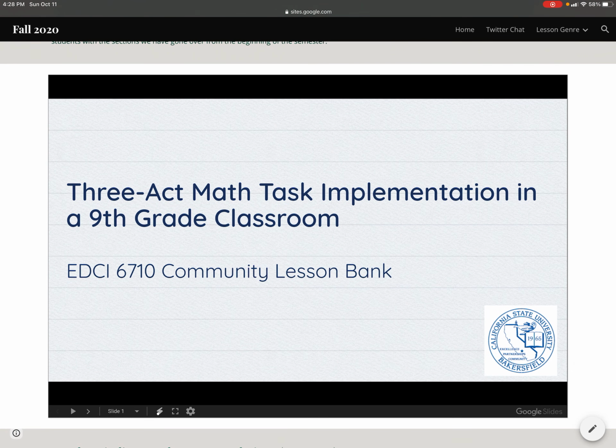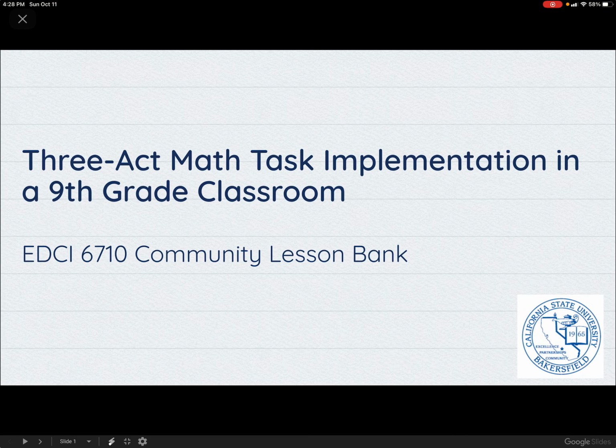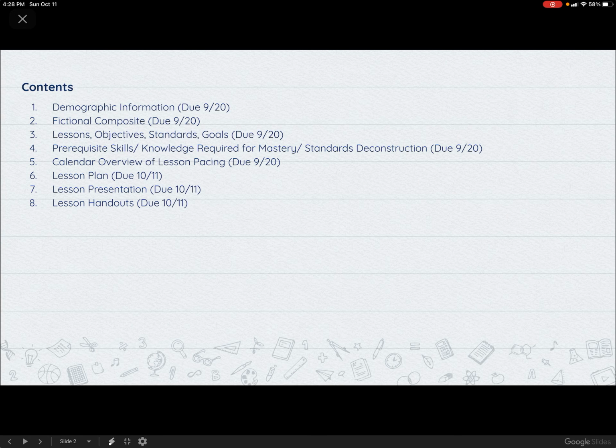So here is going to be my Google Slides, the 3-act math task implementation in a ninth grade classroom. The contents are: the first thing I'm going to have is the demographic information. The second one is the fictional composite. Third is lessons, objectives, standards, and goals.